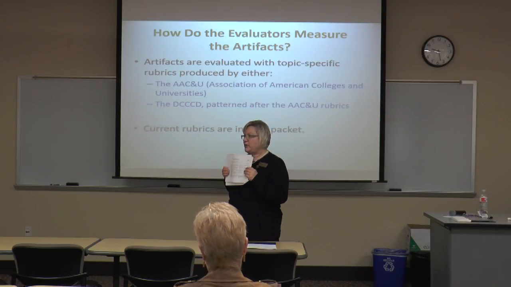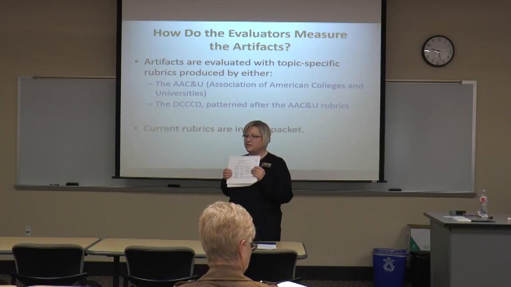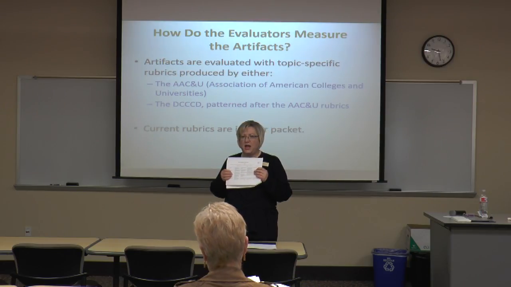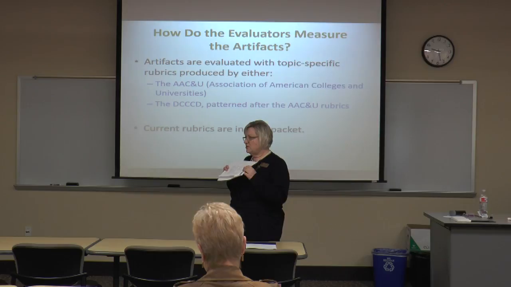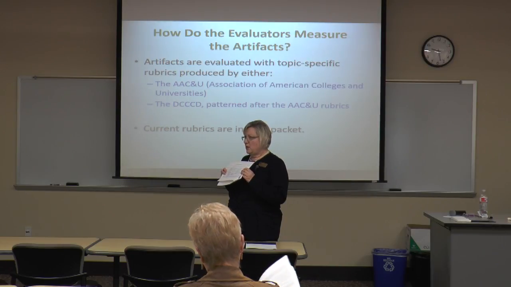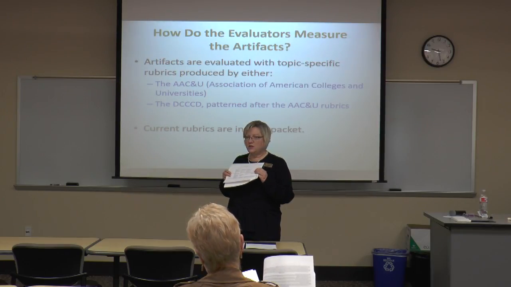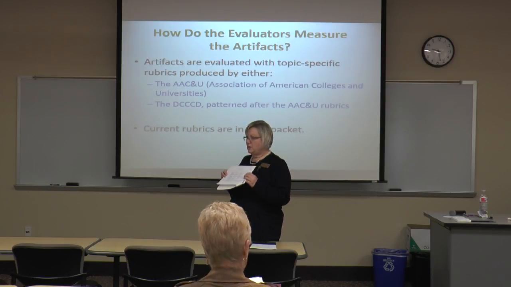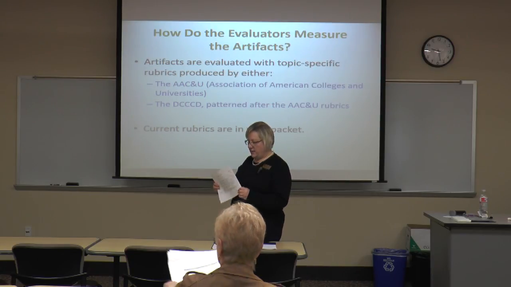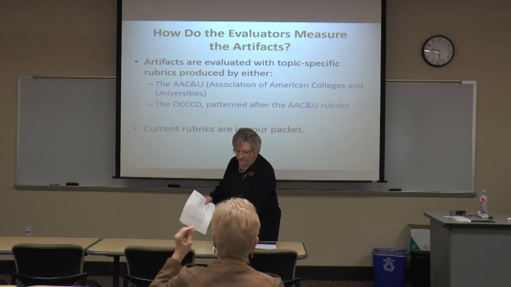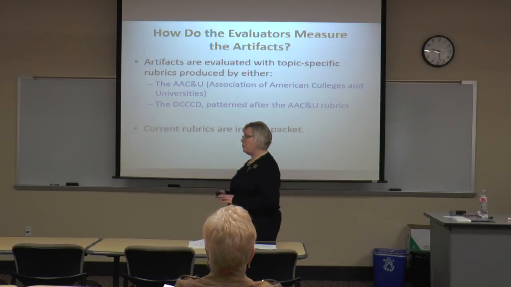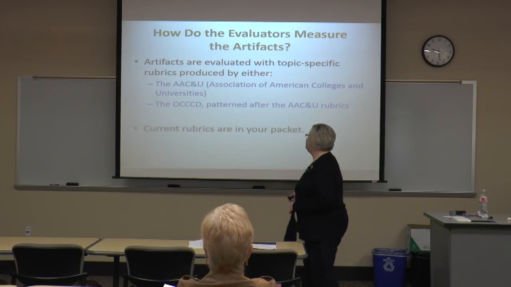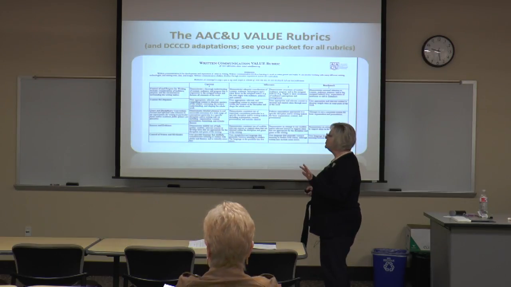These are in the computer, and the scorer reads the student artifact and then scores the artifact on this rubric. And we're going to stop and take a look together at the critical thinking rubric in a little while. I put that a little later in the time here because it's possible that some non-faculty may not wish to sit through that, possibly. We'll see. So that's how they're scored.